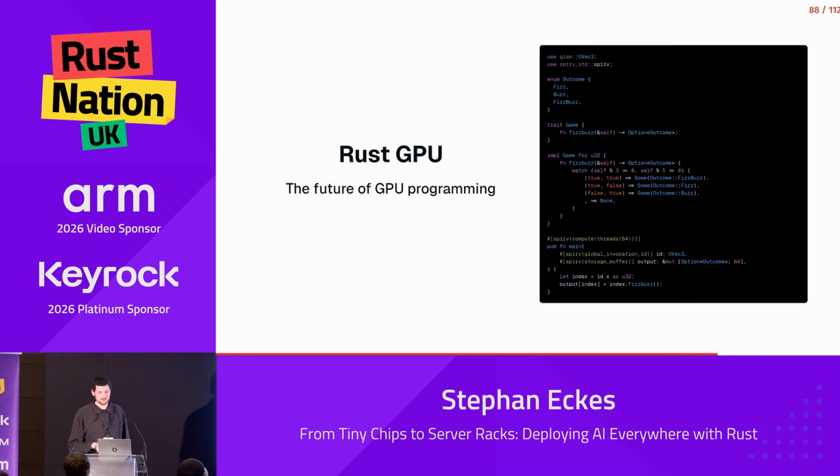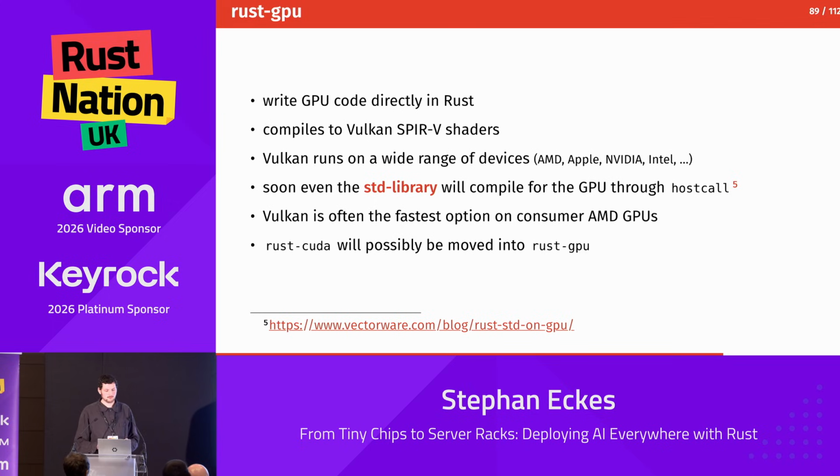There's a framework like Rust GPU. They say it's the future of GPU programming, so it's quite early, but they made it possible to compile the Rust standard library for GPUs and just Rust code. So you can write the GPU code directly in Rust. It compiles to Vulkan SPIR-V shaders. Vulkan runs on basically any GPU, as long as, actually, I think Apple is wrong.